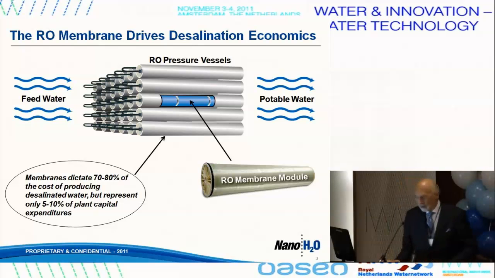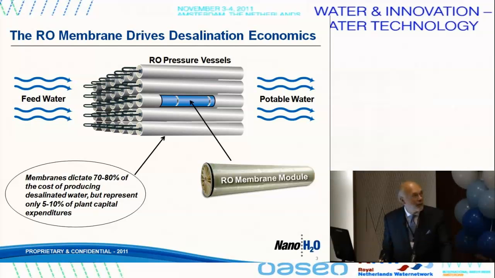So let's look at RO membranes and how the system works. When we look at a conventional reverse osmosis system, you have a pressure vessel which has anywhere from 1 to 8 membrane elements in it. Most commonly 5 to 8 membrane elements are lined up in the pressure vessel, and then each pressure vessel is just repeated and repeated.